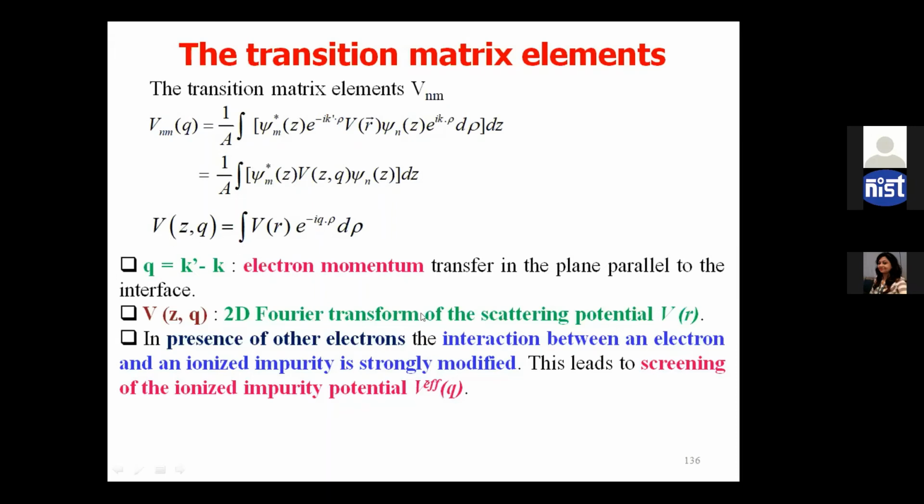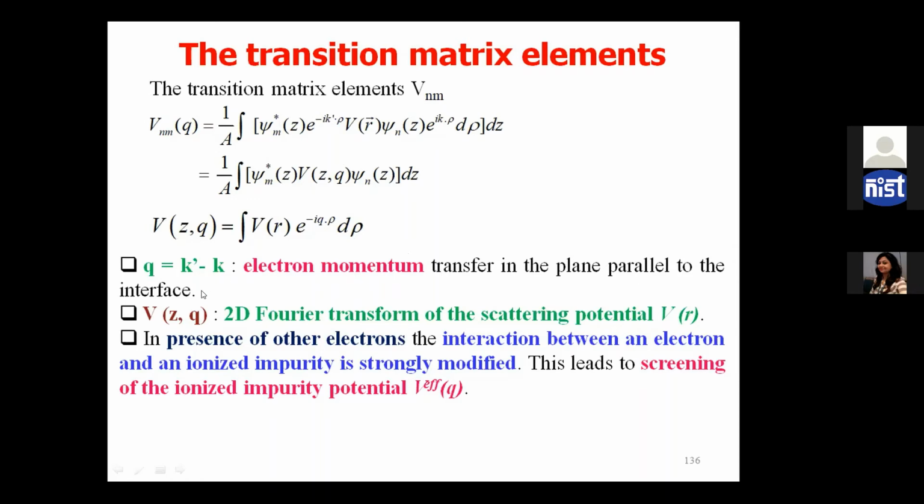That is called the 2D Fourier transform of the scattering potential V(r): V(r) e to the power i q rho d rho, where rho is equal to k dot r. Here q is equal to k prime minus k, the electron momentum transfer in the plane parallel to the interface.